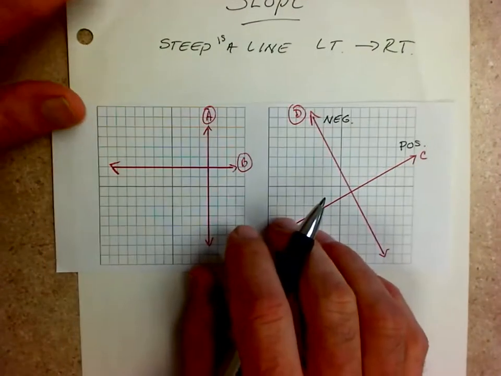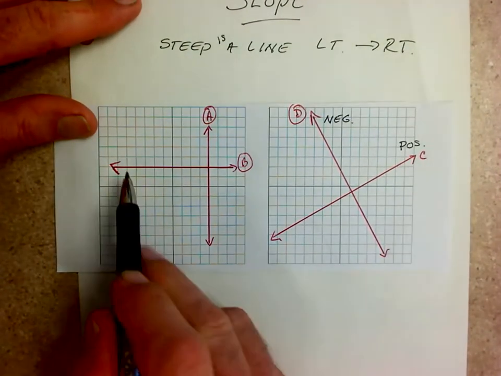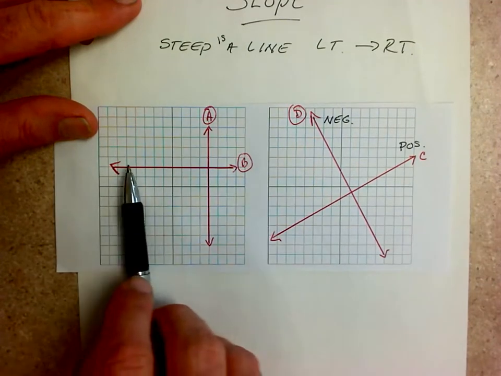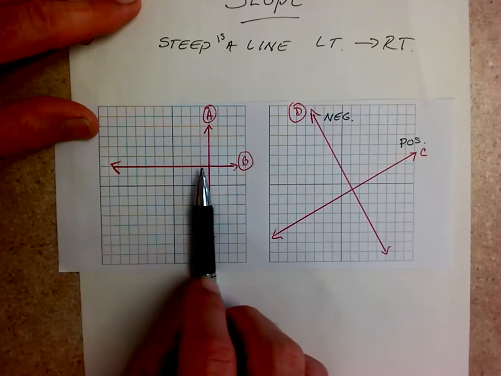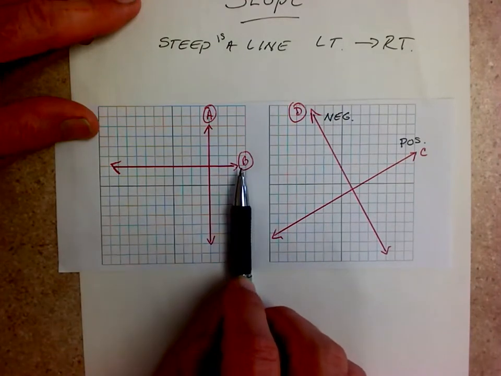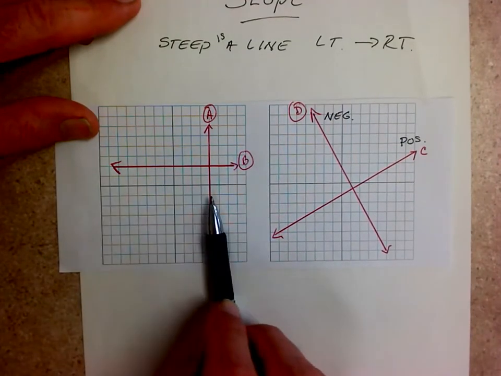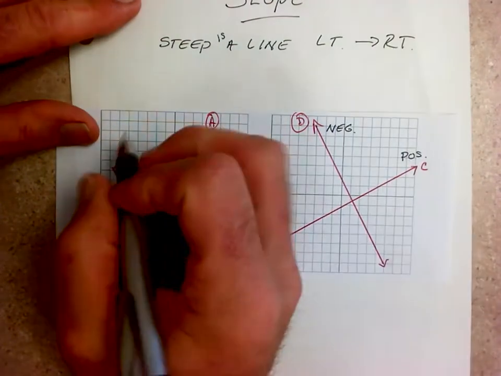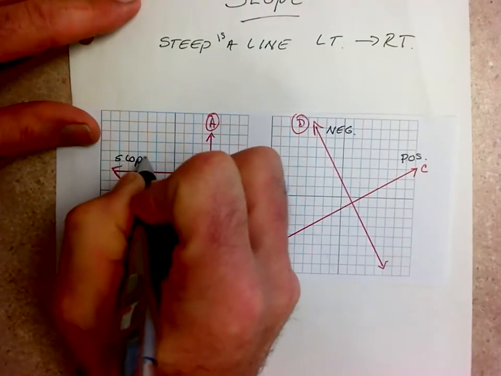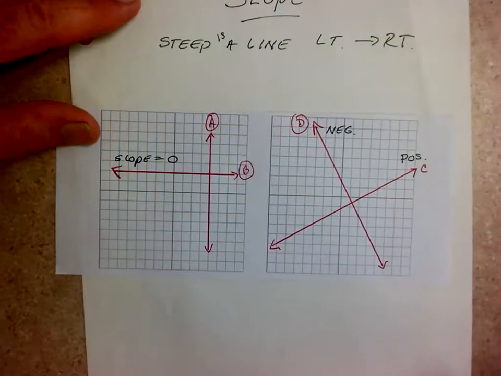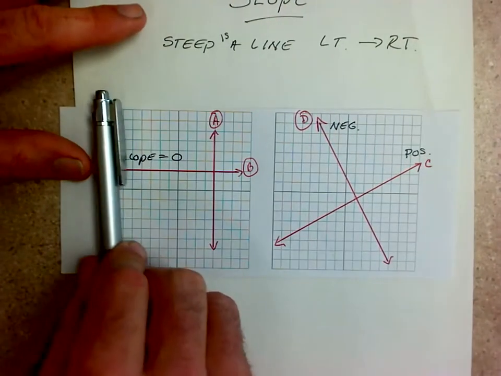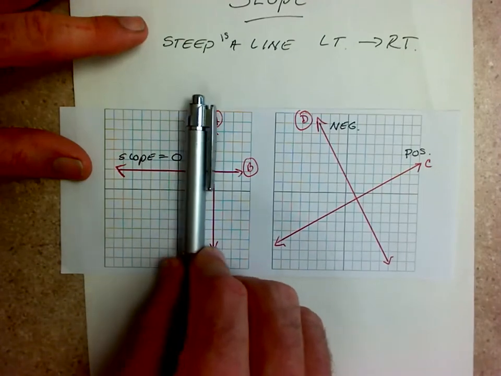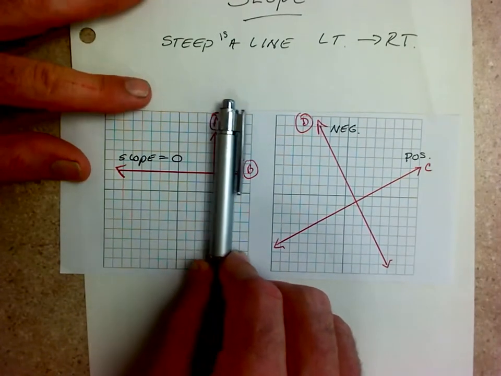A and B are a little trickier. Line B, as we travel from left to right, does absolutely nothing. It does not rise, it does not drop, so we would say that line B has a slope equal to 0. Line A, as we travel from left to right on our grid, we don't even see line A until one second, and then it disappears.